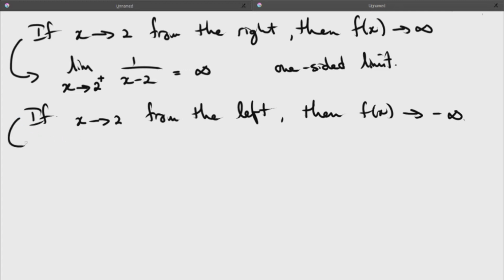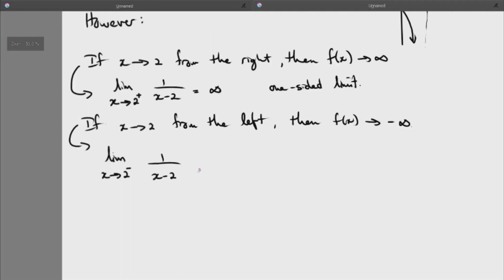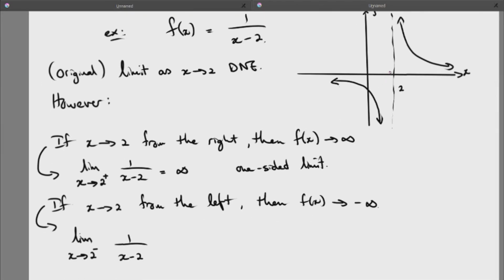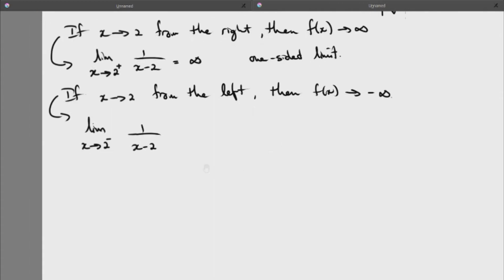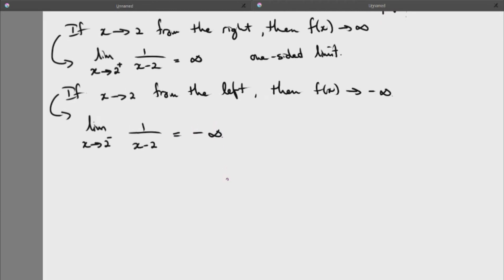The second sentence is then the limit as x approaches 2, but from the left, which we indicate with a little minus sign at the top. Same function. That enables me, looking at the graph, to say that if I just come at 2 from the left, the y value is going to grow in size. So the limit doesn't exist, but it's always going to be negative.